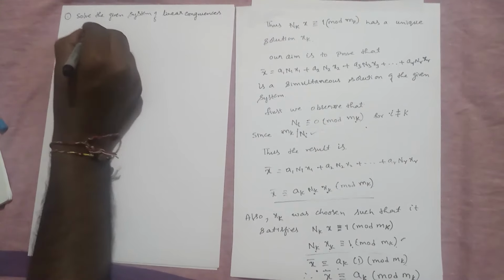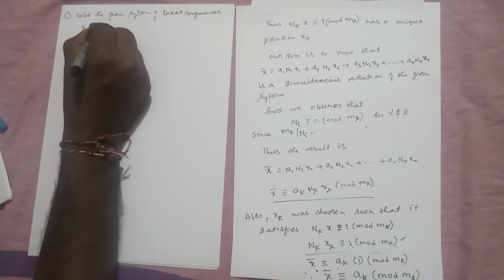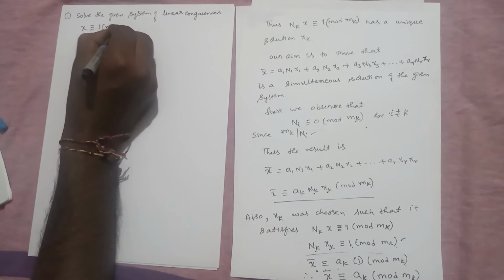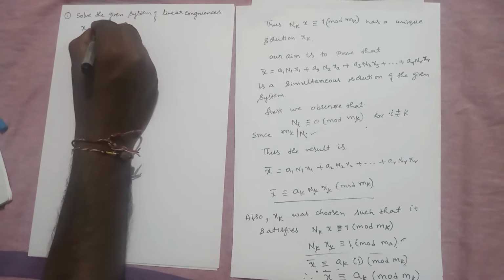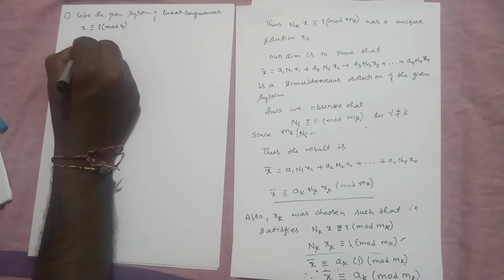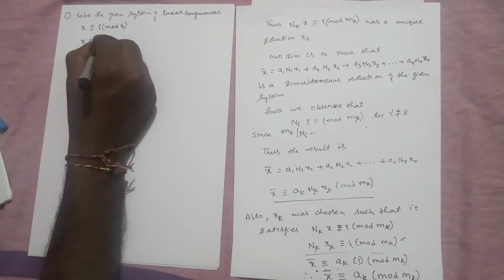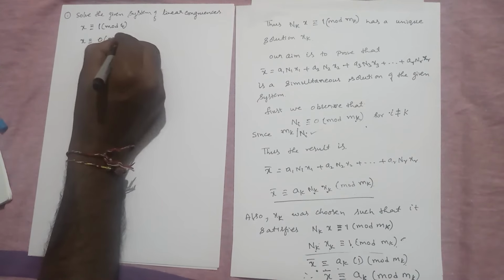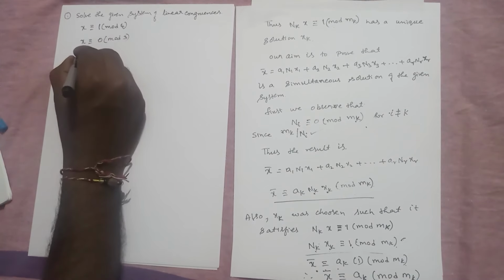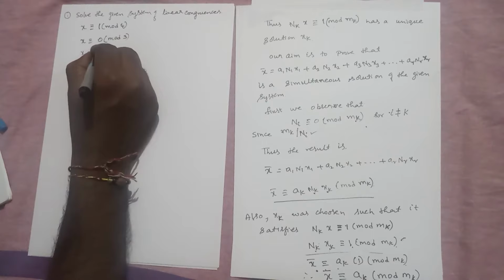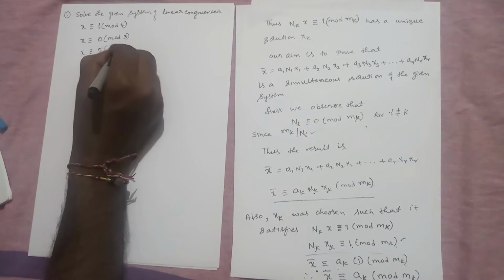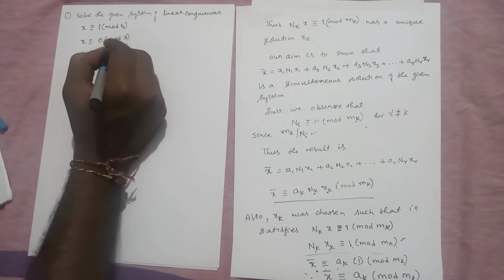So x is congruent to 1 mod 4, x is congruent to 0 mod 3, and x is congruent to 5 mod 7.